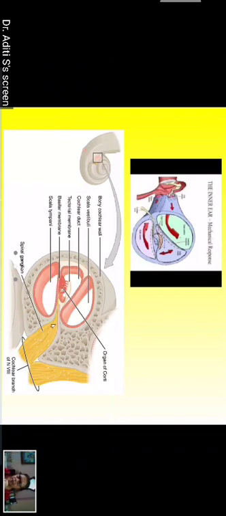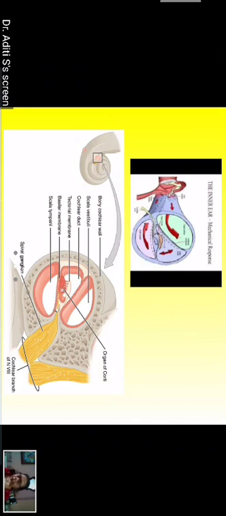are coming out. One membrane is called the vestibular membrane, and the other is the basilar membrane.